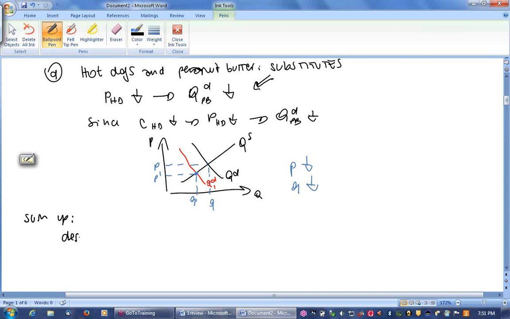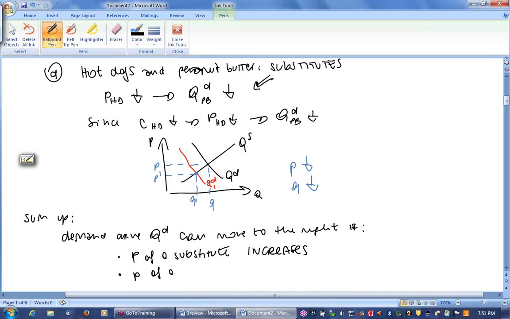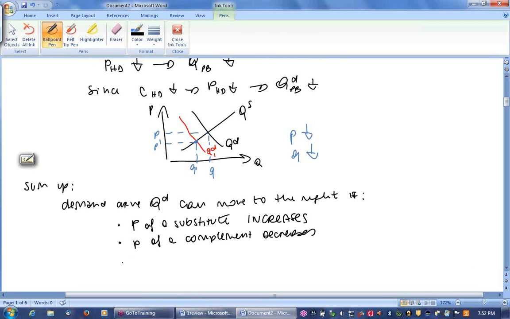The demand curve QD can move to the right if there is a decrease in the price of a substitute, or if the price of a complement decreases, or because there is a change in taste, so you increase the taste for that particular good.